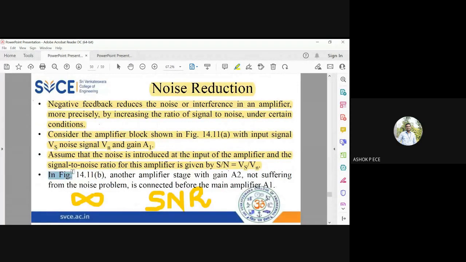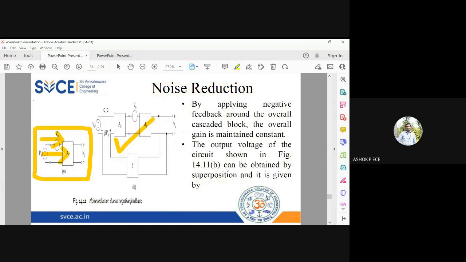In the second diagram, I am adding another amplifier with gain A2, which is not suffering from noise, because before A2 there is no noise source. So A2 is free from noise, but A1 has this Vn getting amplified because of A1.